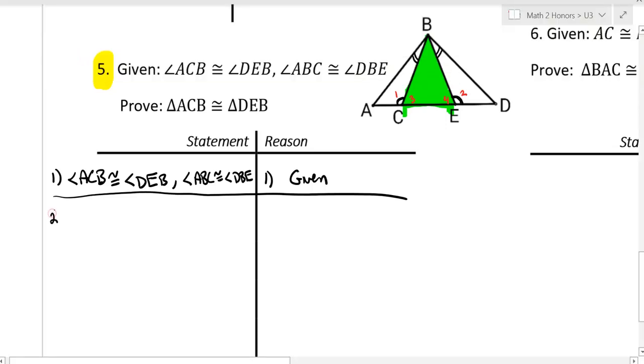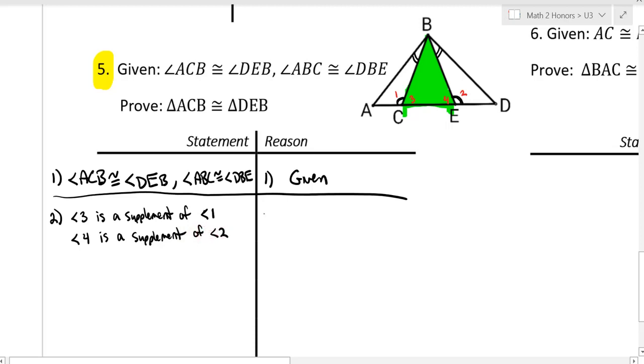So my second statement is going to be angle 3 is a supplement of angle 1. And I'm also going to write angle 4 is a supplement of angle 2.